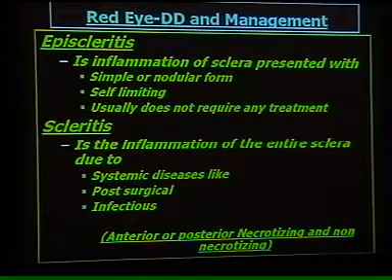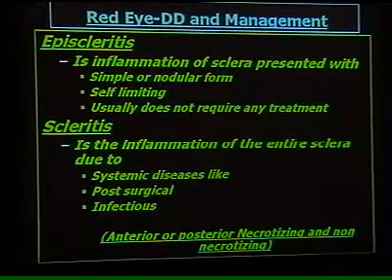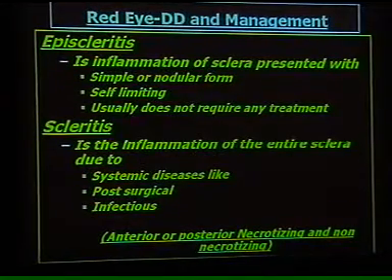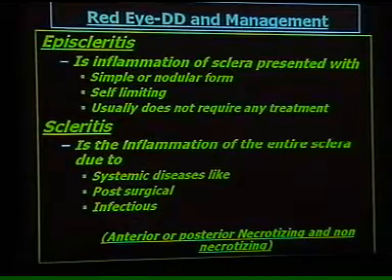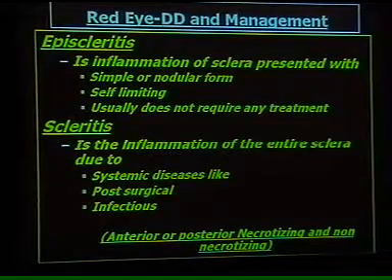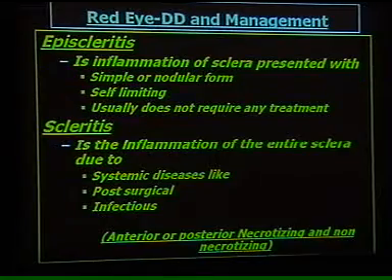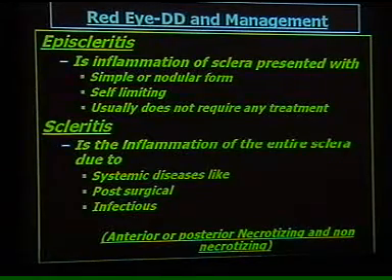Now there are eyes which are very sensitive to medication. They react either to the medication or to the preservative that is present in the eye drops. They have a very specific kind of redness, and the redness is only in the dependent area, which means the exposed scleral area and the lower conjunctival sac.